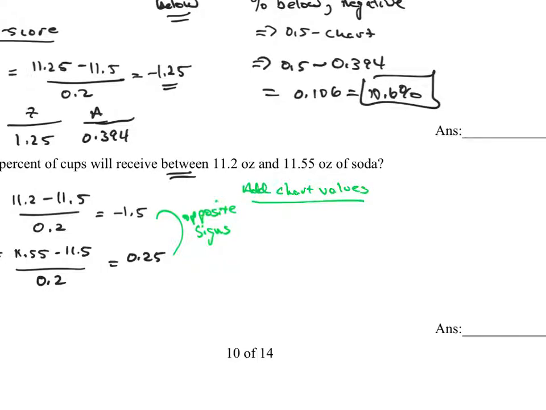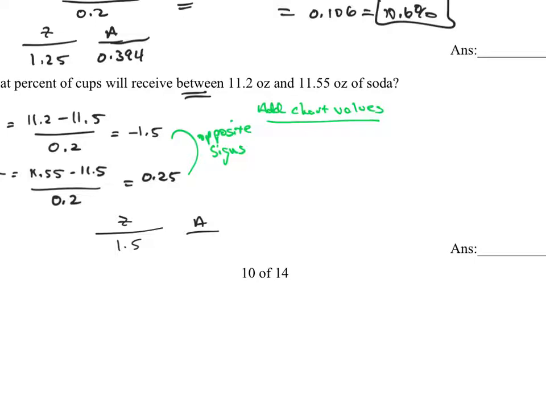So let's go ahead and start looking at our chart. What is our chart value when I have a z-score of negative 1.5, or in this case it's 1.5? What's my area? And then I also need to find, for a z-score of 0.25, what's my area? What's that chart value? So go ahead and look those up now, please.